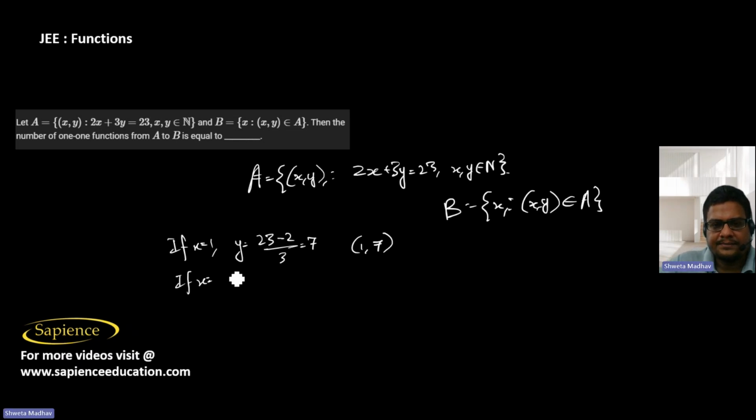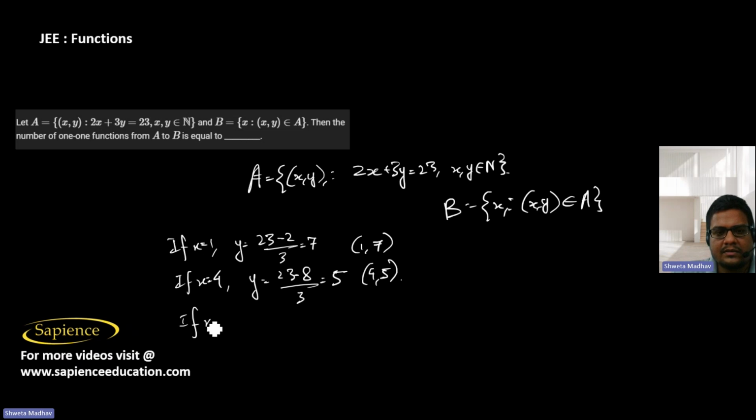Now if x is 3, 2 times 3 is 6, so 23 minus 6 is 17, we can't take. Then x equal to 4 we can take: y will be 23 minus 8 by 3, that is 15 by 3, that is 5. So 4 comma 5 we can take.